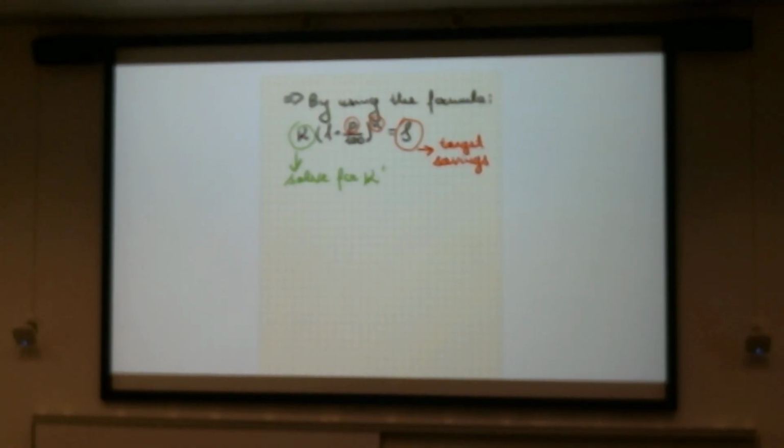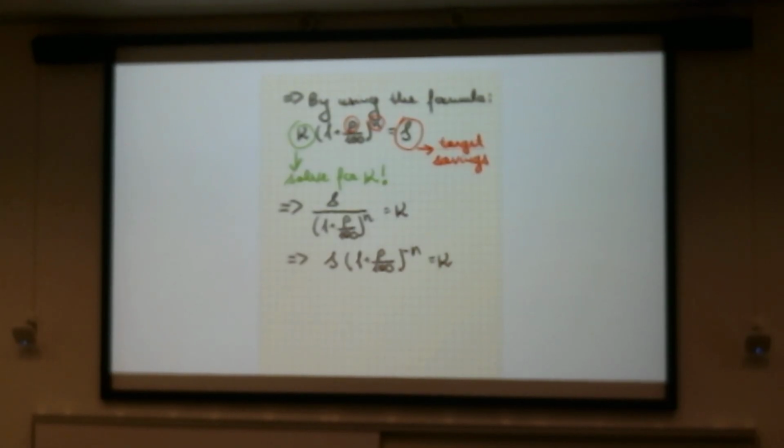So all we need to do is solve for K. In this case, this is just S divided by (1 plus P over 100) to the power of N, and this is equal to K. We can also write it in a slightly different way: S times (1 plus P over 100) to the power of minus N, and this is K. K is the initial amount.